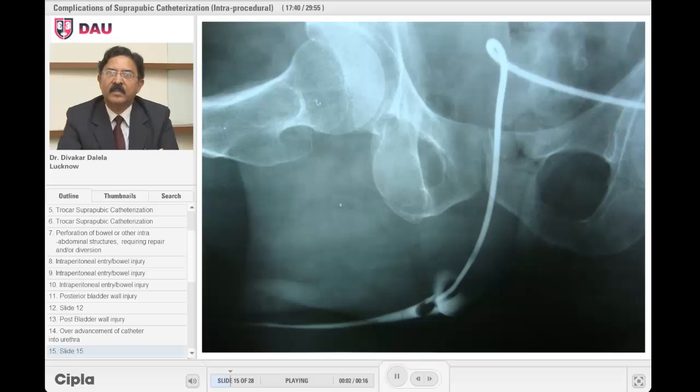And that's the scene. The catheter from the suprapubic route has gone into the bulbous urethra and there is a balloon there. What then should you do? First of all, you should understand why this actually happens.